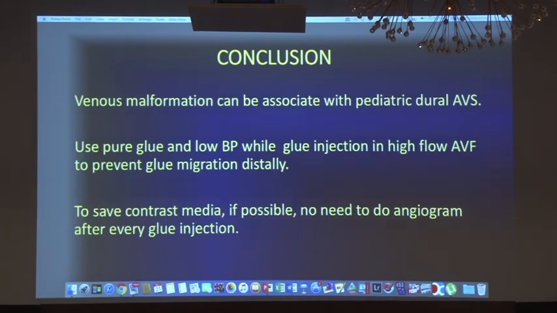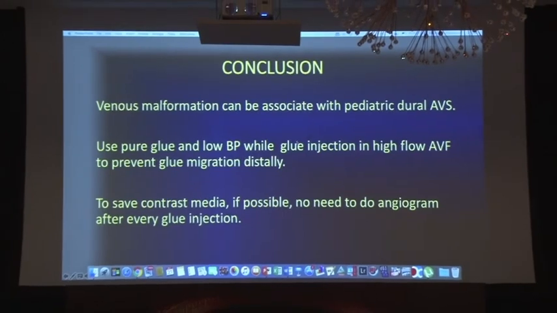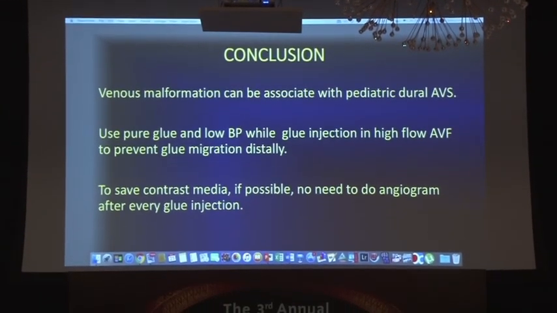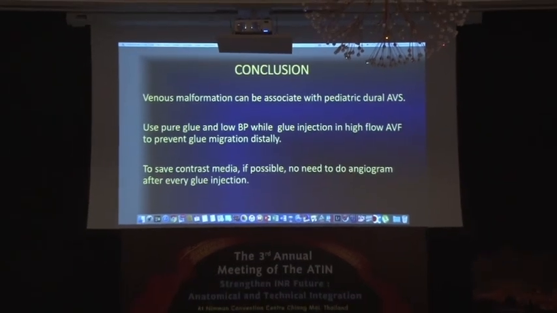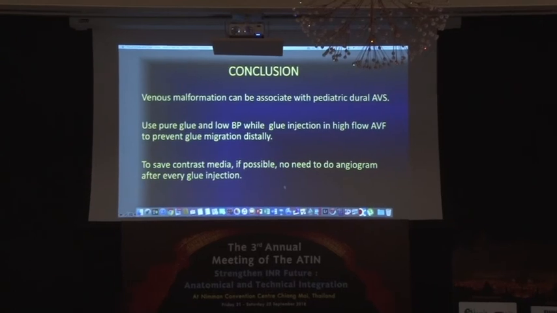Some venous malformations can be associated with pediatric dural AV shunts. Using pure glue and low BP while injecting glue in high-flow AVF is used to prevent distal glue migration.